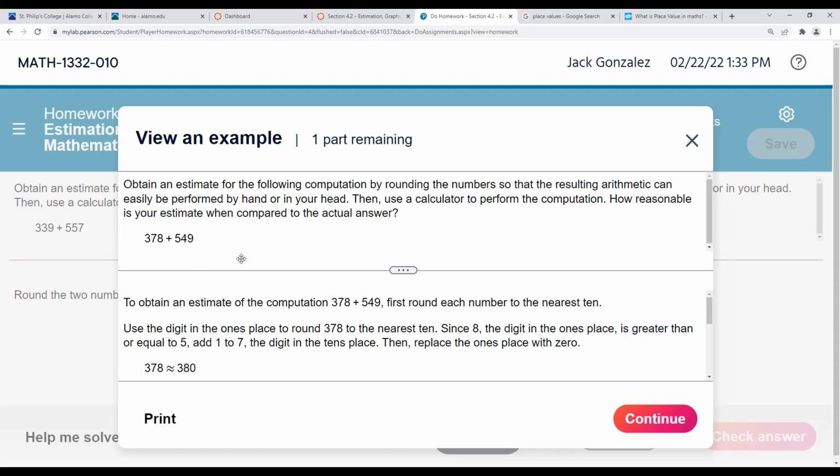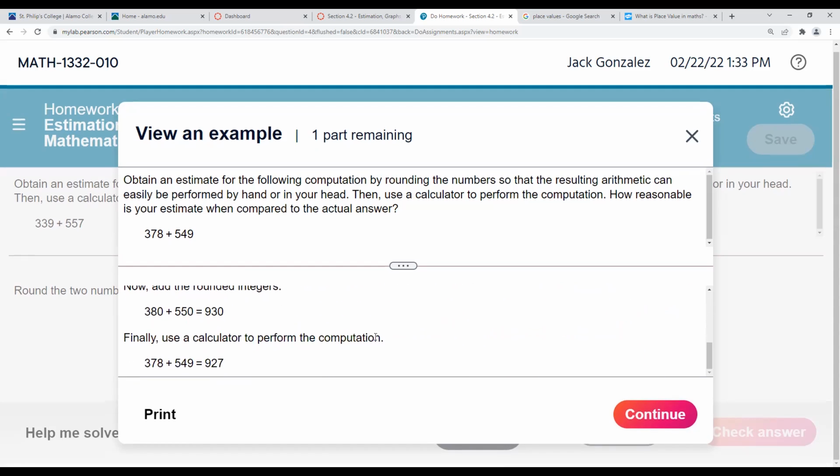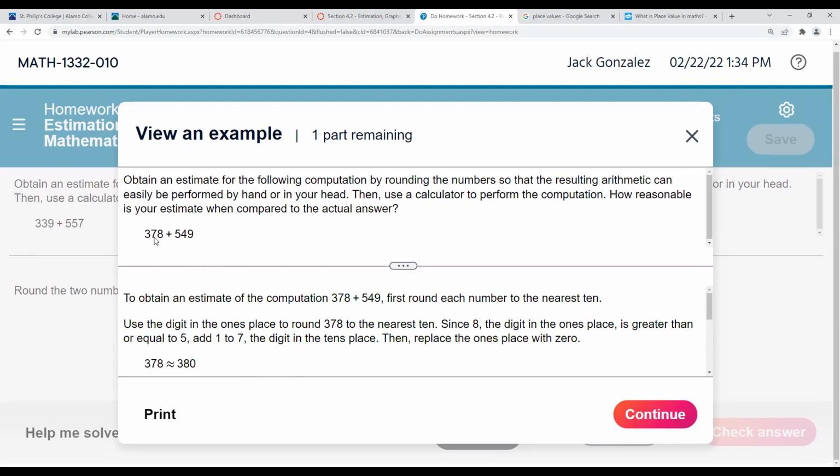So what they do, they round to the nearest 10 and they add those numbers. So looking at these guys, round to the nearest 10. So look at the 7. Look to the right, and that's going to be bigger, right? So that'll be 380. On the other one, you have 549.